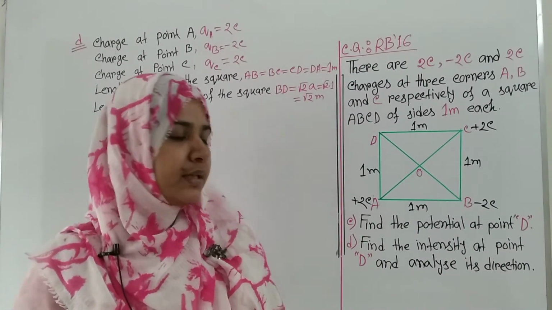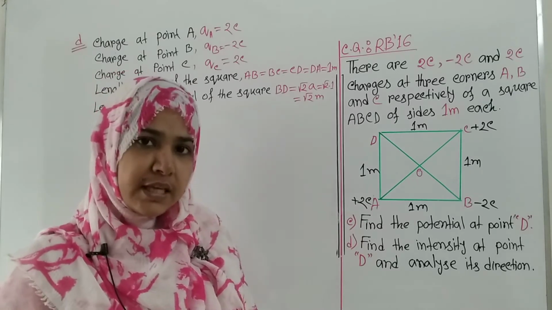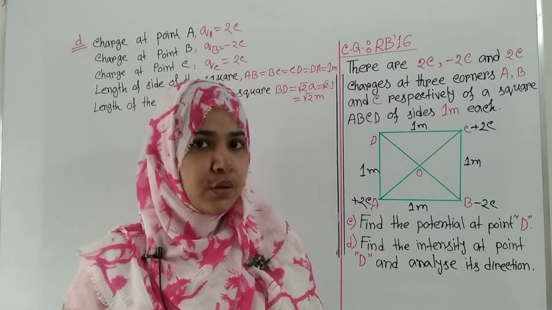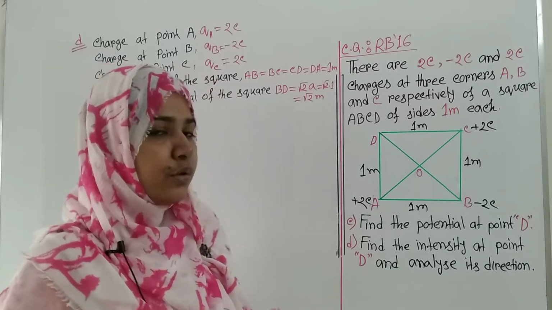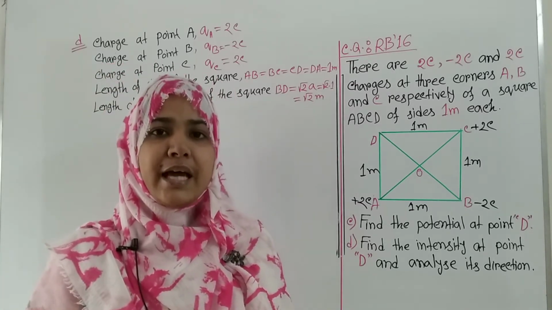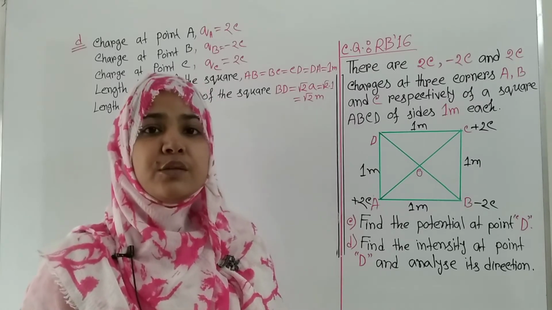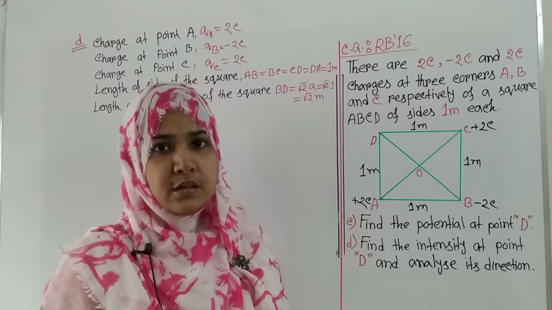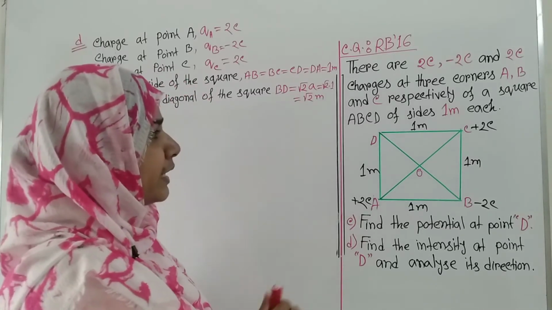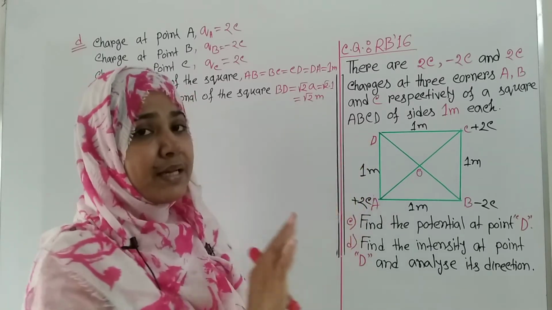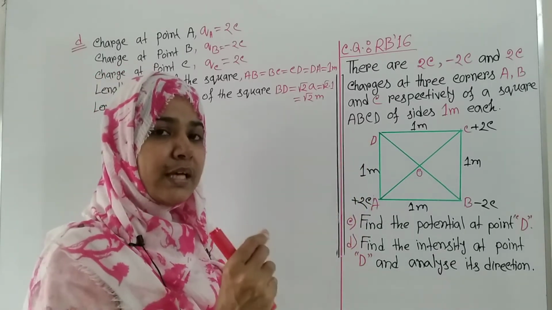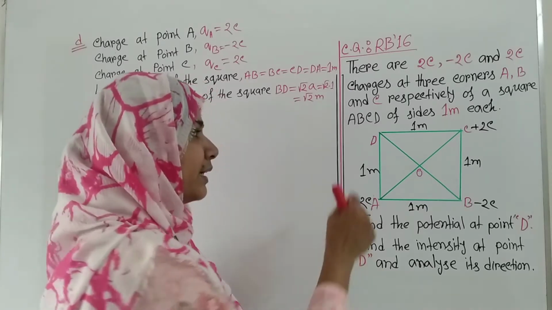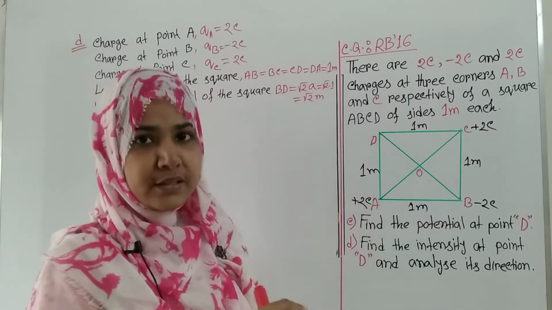Question D. The question is: find the intensity at point D and analyze its direction. Intensity means the amount of force felt by a unit positive charge when it is brought into an electric field. Here at point D they didn't mention any charge, but whenever we calculate intensity, we have to consider that a plus 1 coulomb charge is present.